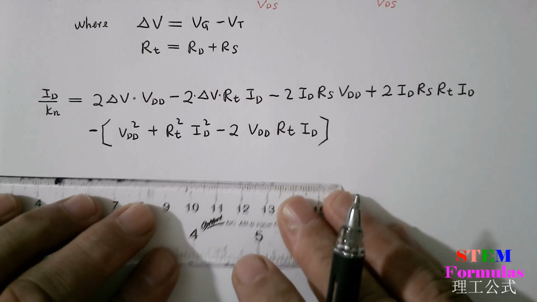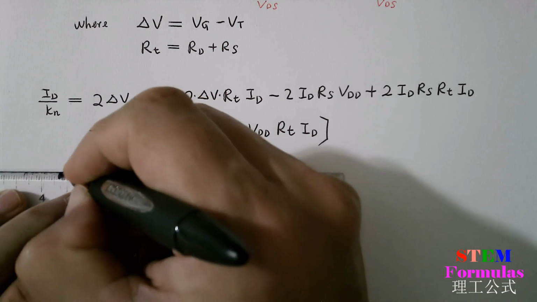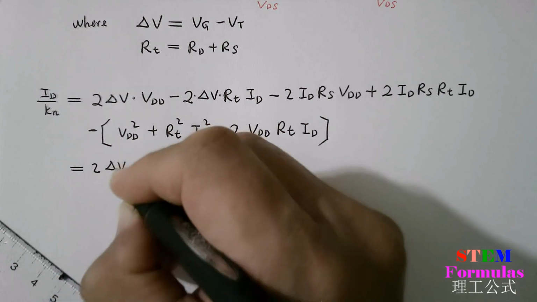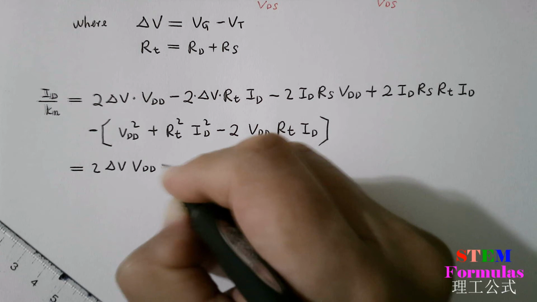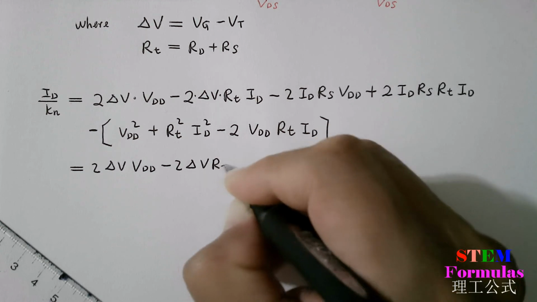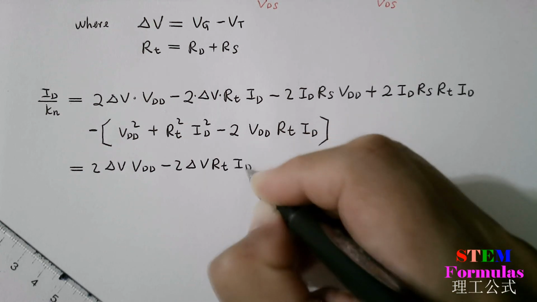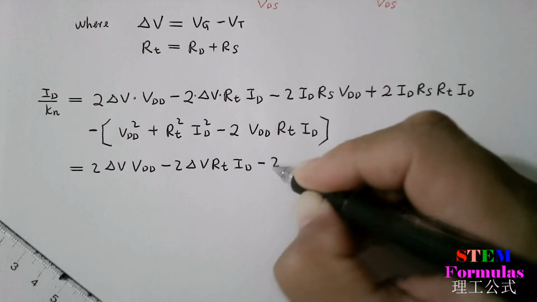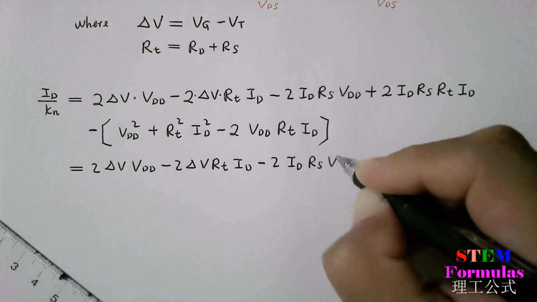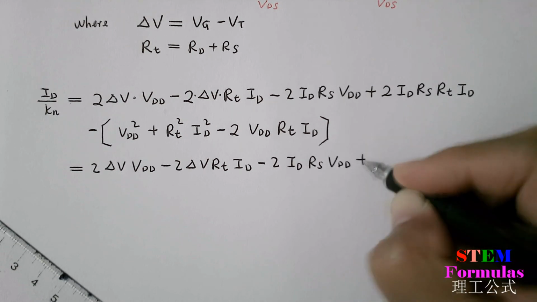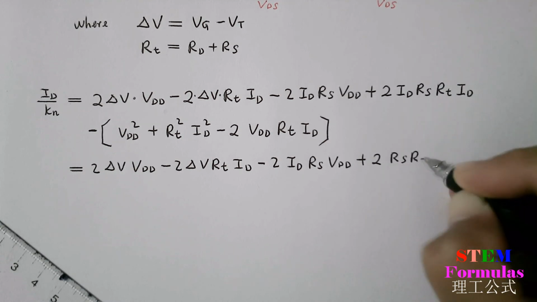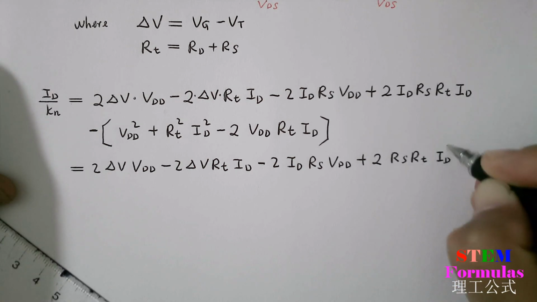Now going down further: 2 times delta V VDD minus 2 times delta V RT ID minus 2 times ID RS VDD plus 2 times RS RT ID square.